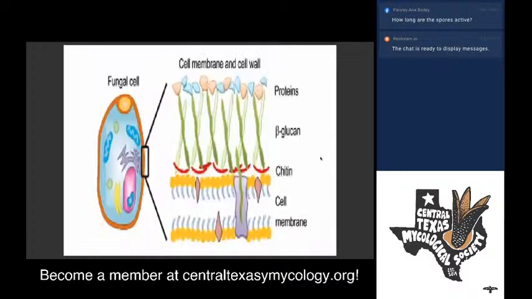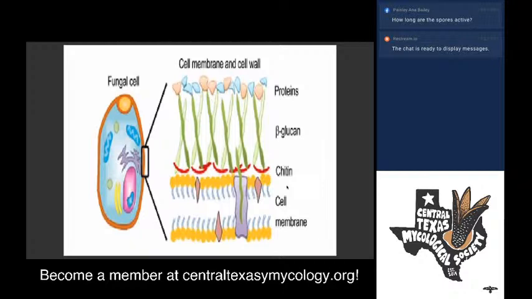Like I mentioned, they have a cell wall, which is a really important feature of their protection. It's made out of proteins, beta glucan, and chitin, and chitin in particular is a very important reason why we must cook our mushrooms.